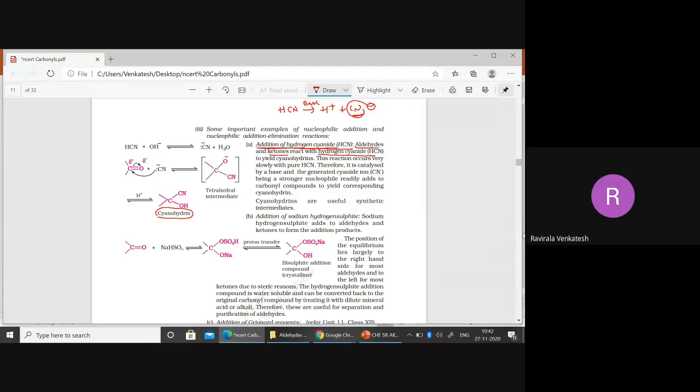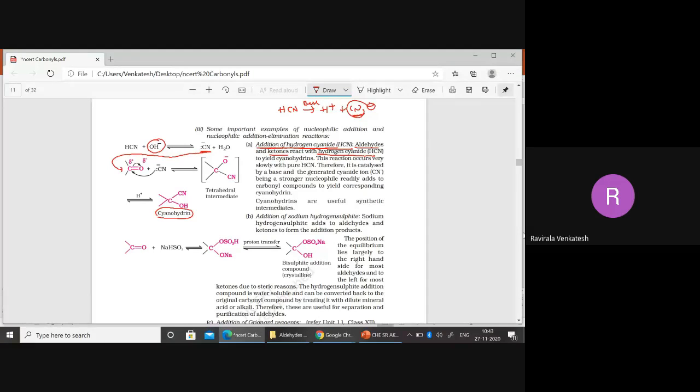Generally, HCN does not break into CN minus by itself, so to break it into CN minus we add a base. So it needs a catalyst actually: OH minus, a base, KOH or NaOH, which makes CN minus readily.